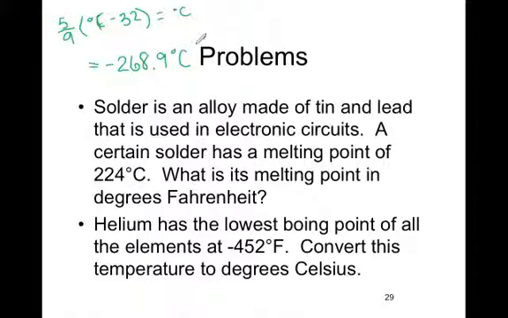I'll bet you need parentheses here. Oh, because it's taking 32 times 5/9 and then subtracting that from 452. So you need to put parentheses around the 452 minus 32 and then multiply that by 5/9. Because remember the order of operations, it's going to multiply first. Parentheses, minus 32, times 5/9.